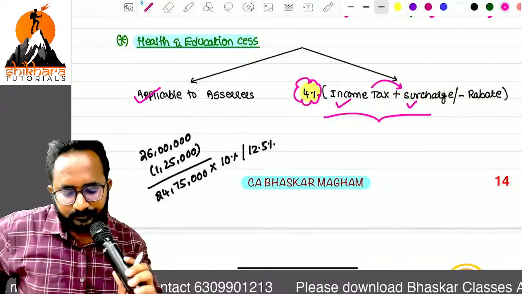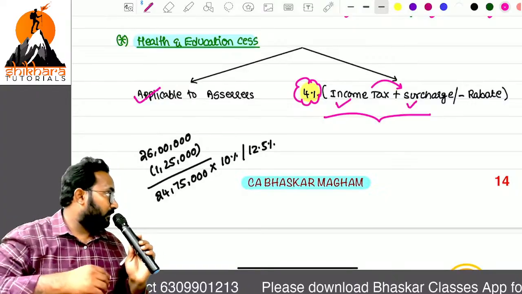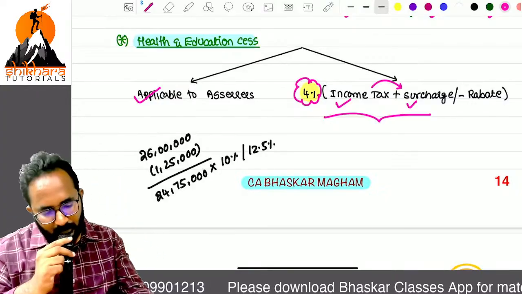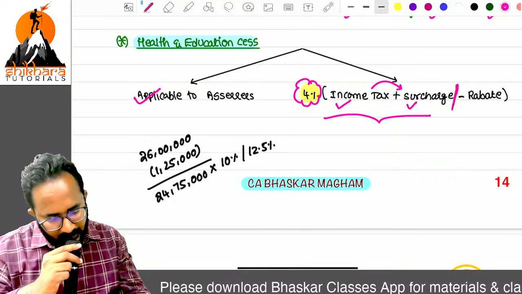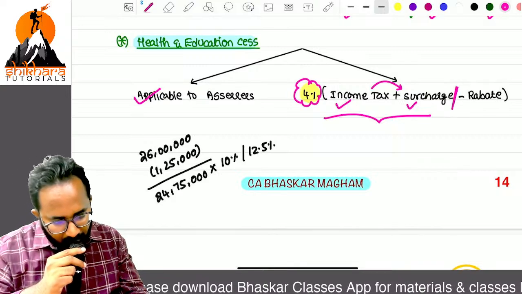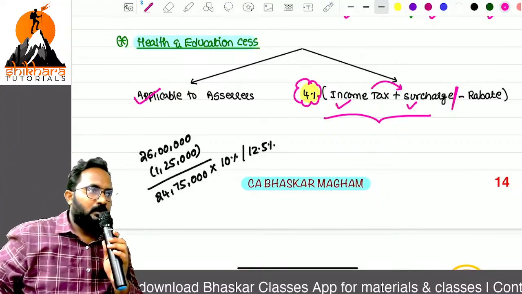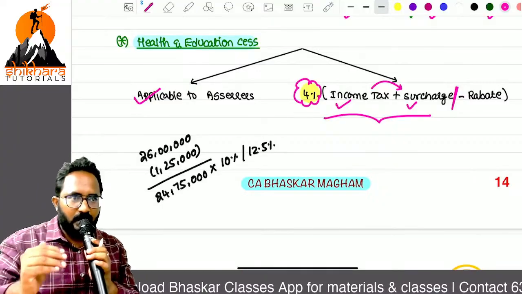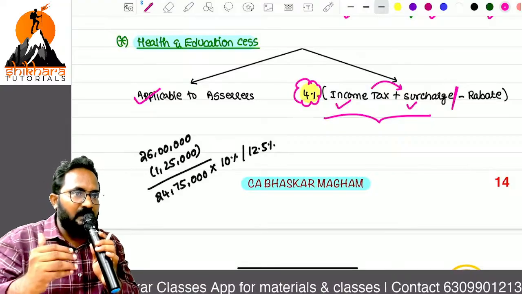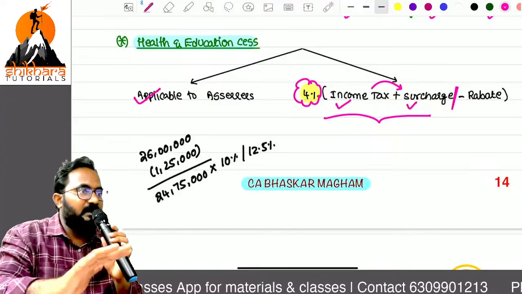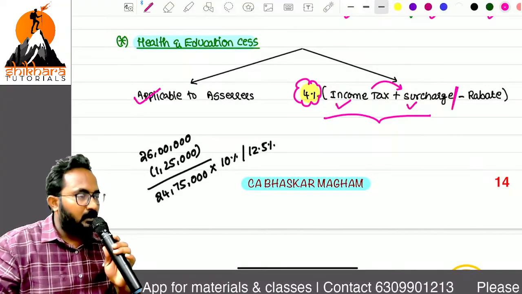But here I have given a conjunction like 'or': either surcharge or rebate. If you are required to pay surcharge, please add surcharge. Or if you are eligible to claim rebate, please reduce the rebate.